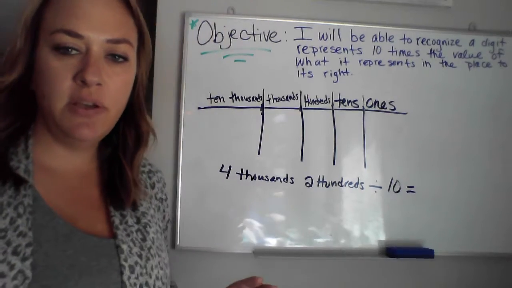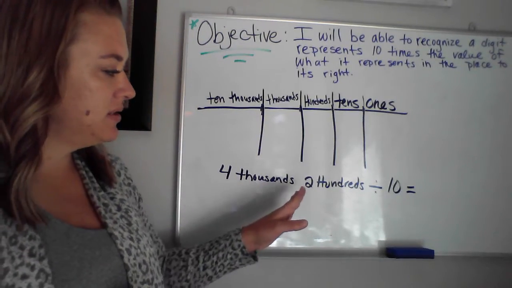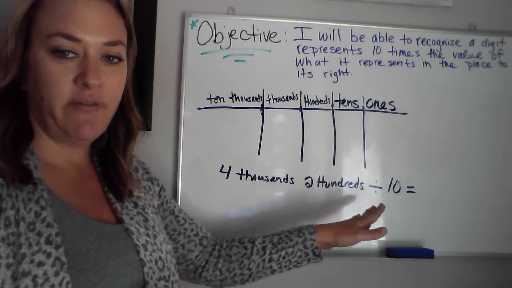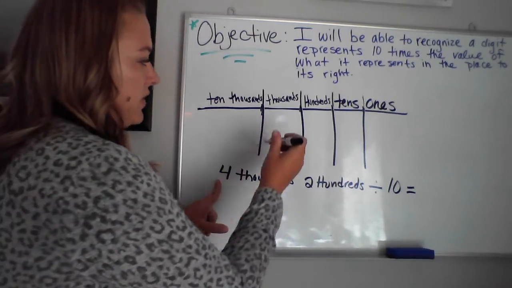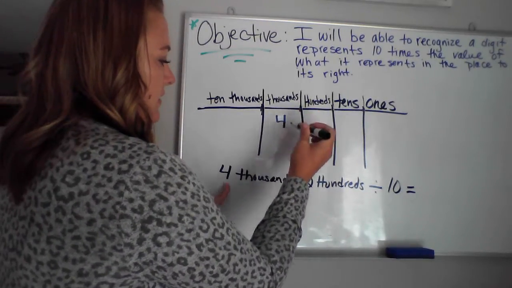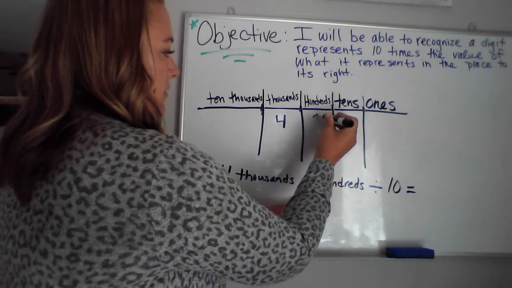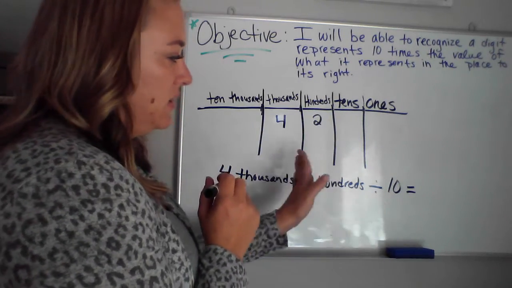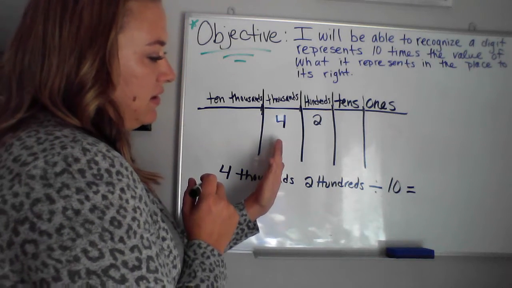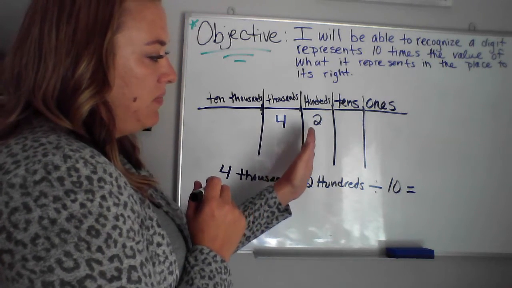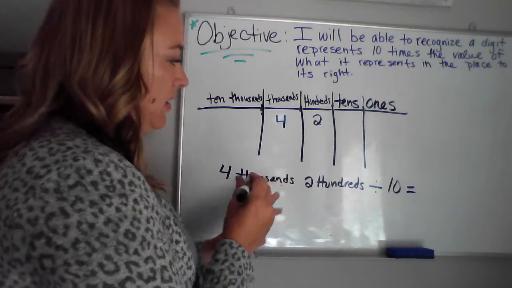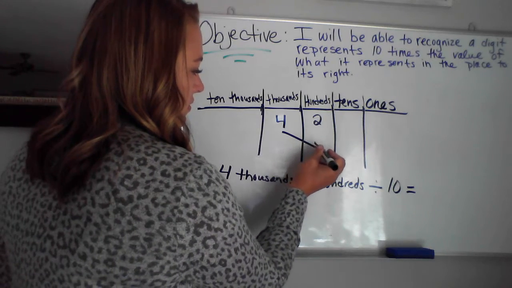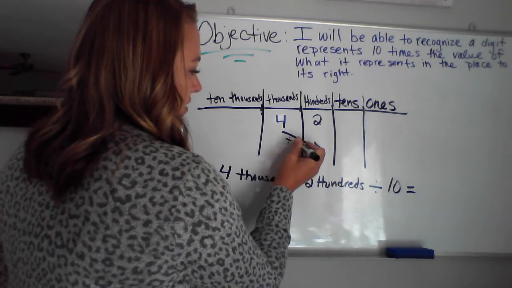Okay, so here's our division equation. So I have 4,000s and 200s. We're going to divide that by 10. So I'm going to show my 4,000s in my thousands place, my 200s in my hundreds place. I'm dividing by 10. So each of my units, my place values need to move to the right 1 place value. Okay, so it's going to look like this. I'm going to divide it by 10.